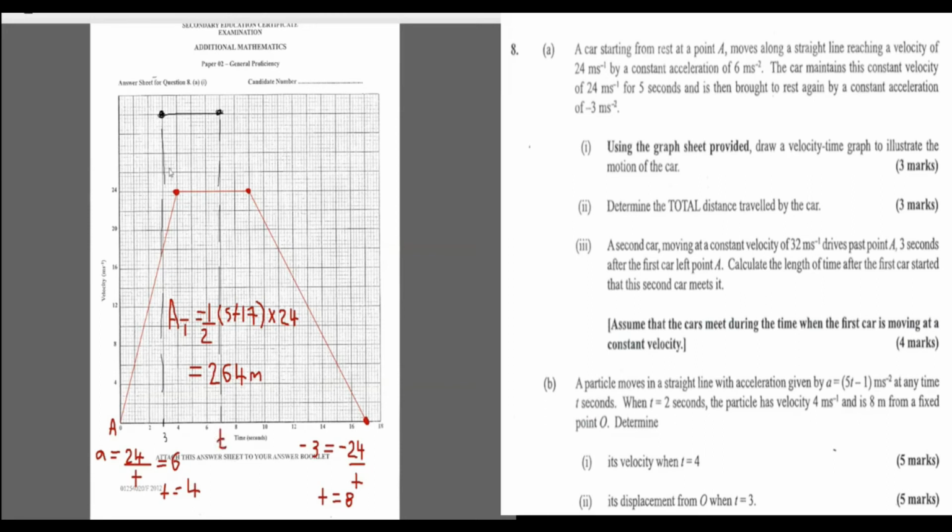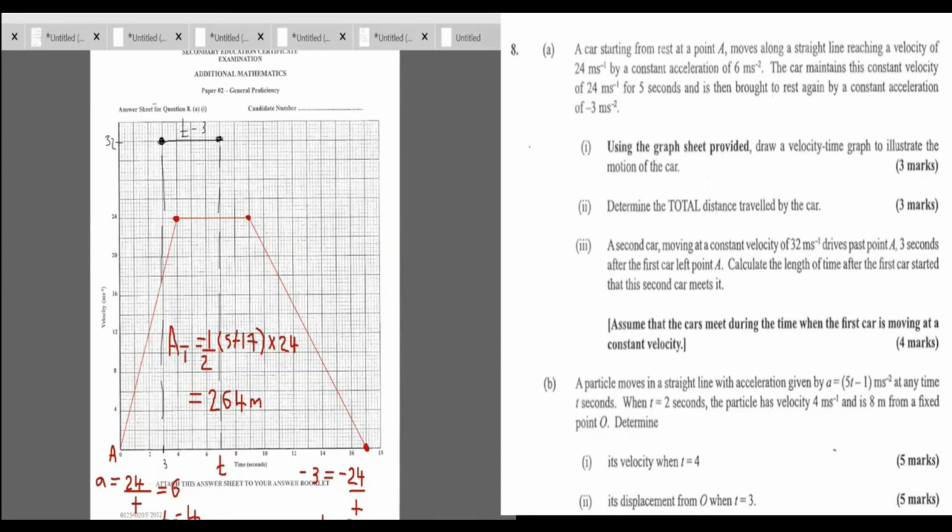Now the distance, so the area of B is length times width. So the area of car 2 is length times width. The length is of course 32, and the width is going to be T minus 3. So the length times the width gives me the area, and that will give me the total distance that the car would have covered in that amount of time.